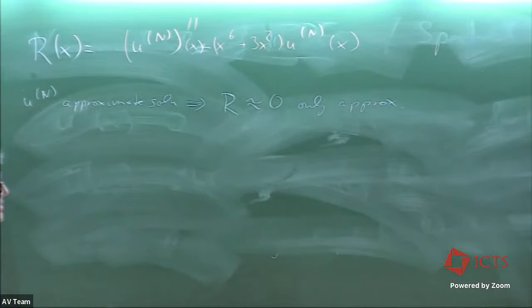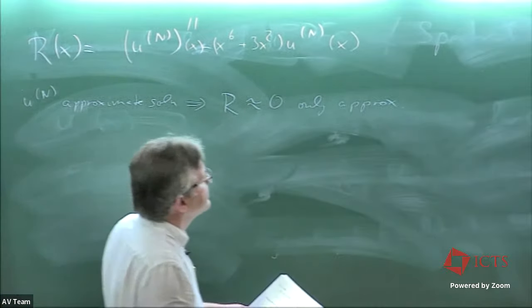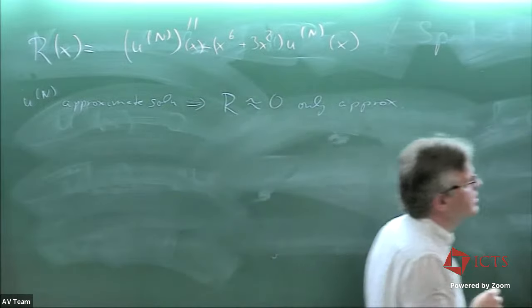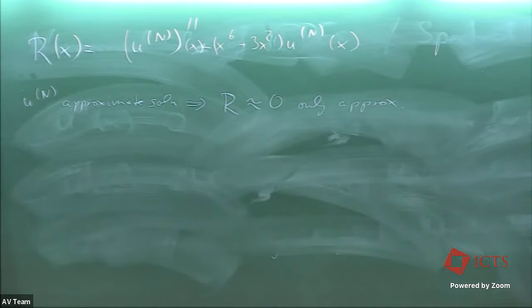What we don't have yet, and which is the next step, is that we now need to figure out how to determine our coefficients here. Once we have these coefficients, then we have our approximate solution and the problem is solved. And so that's the basic steps to do when doing those spectral methods.